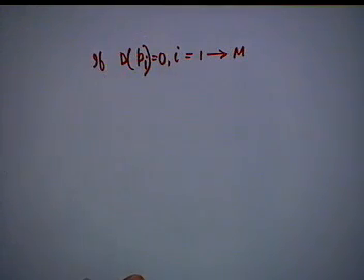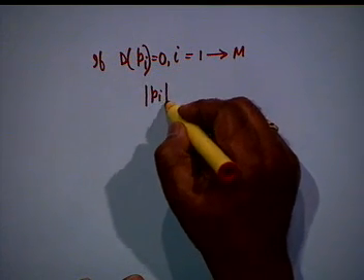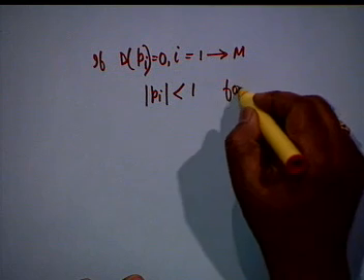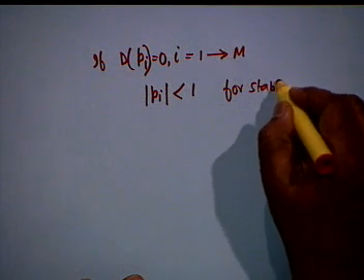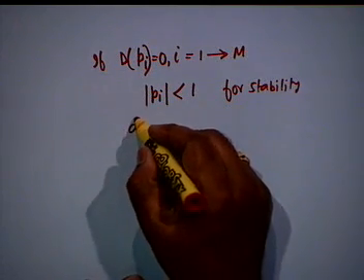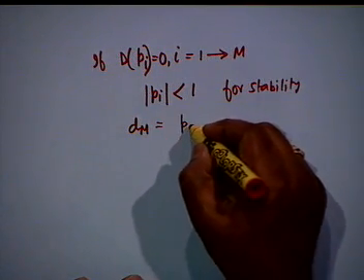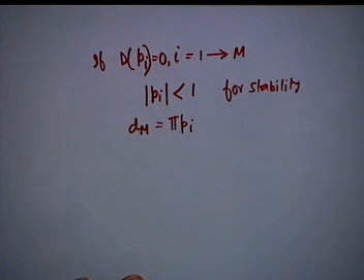Then for stability we require magnitude p_i less than 1, which means that d_m, what is d_m? d_m is the product of the roots, the constant term, the coefficient of z to the minus m.